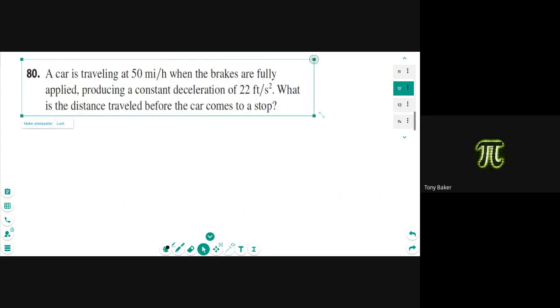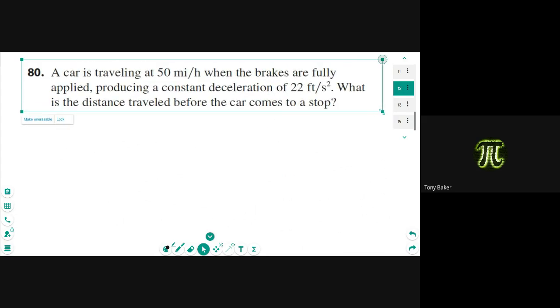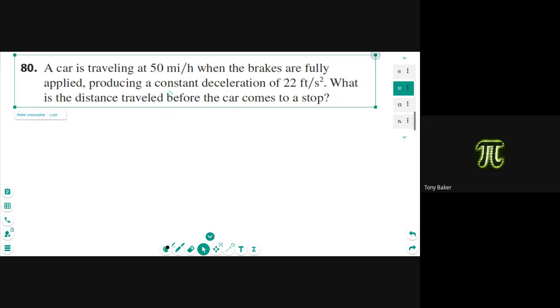All right. Let's look at this problem. Last problem we're going to do. 15 milliinches. So where does the car stop?